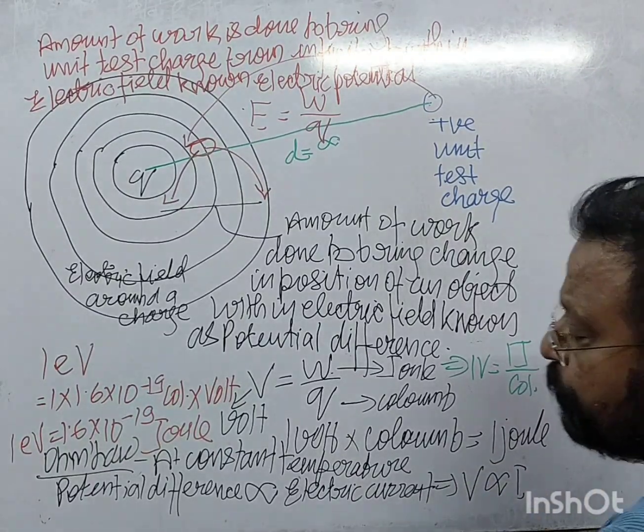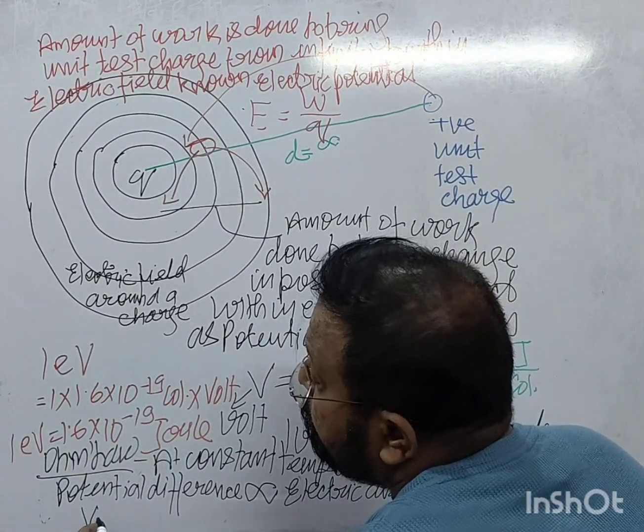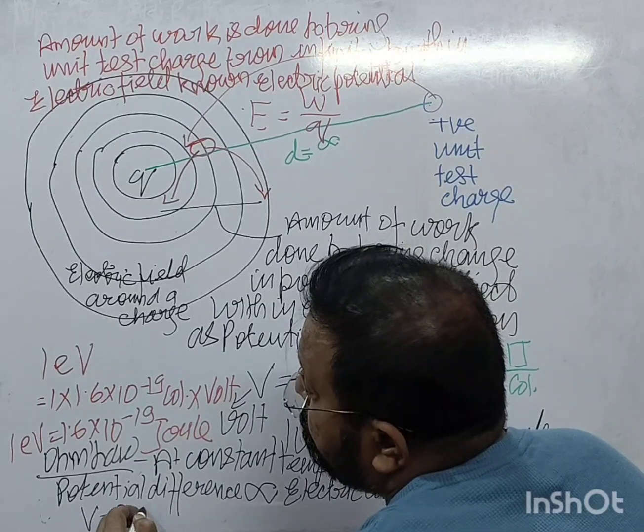If we remove this proportionality sign, we write V is equal to IR.